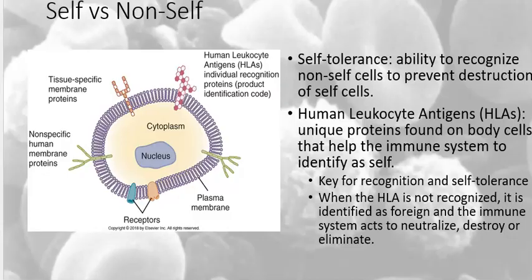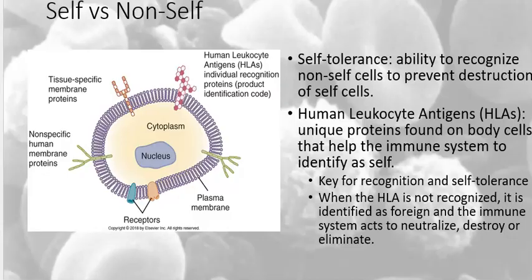The HLA is present on the surface of most body cells, not just leukocytes. It determines tissue type, which is coded by specific genes inherited from both parents. It's key to determine self-tolerance.